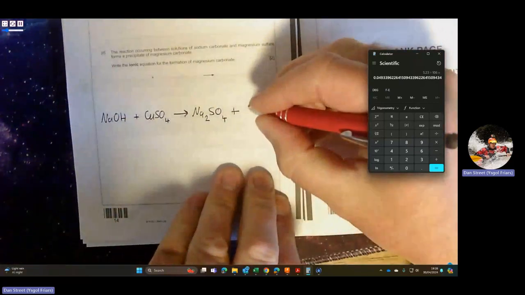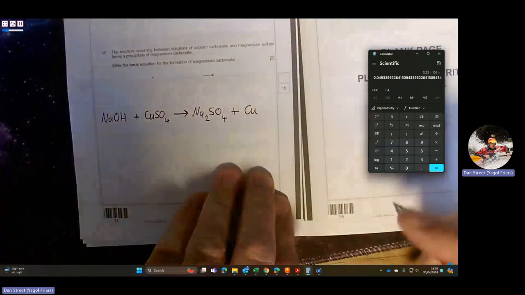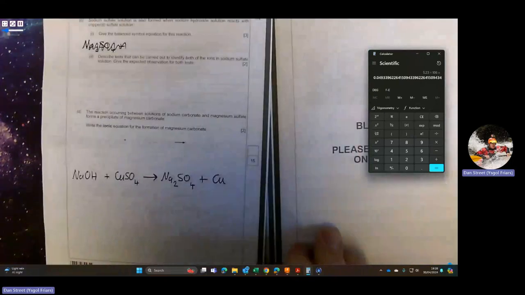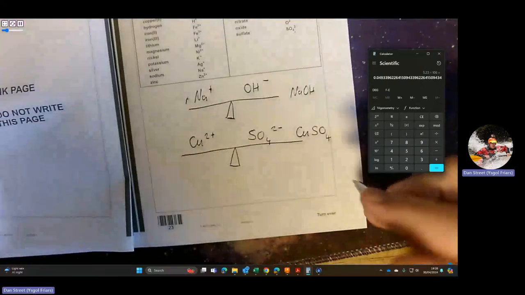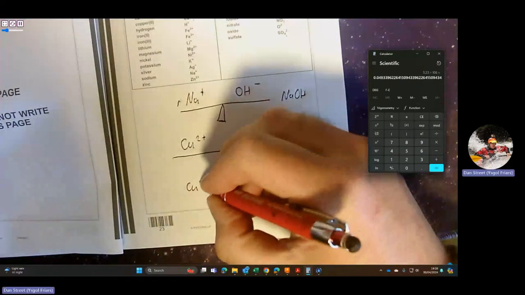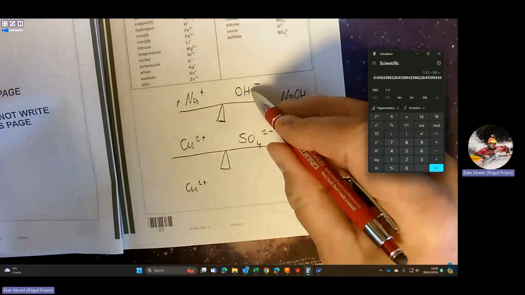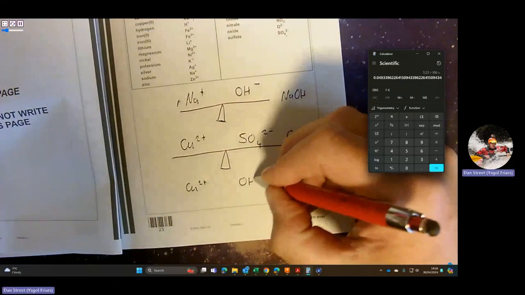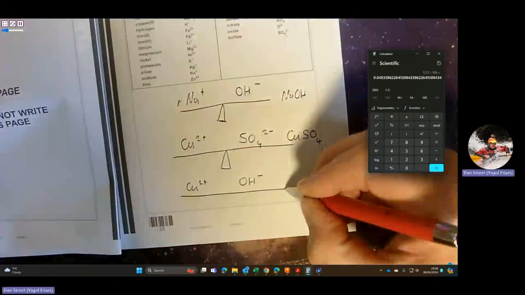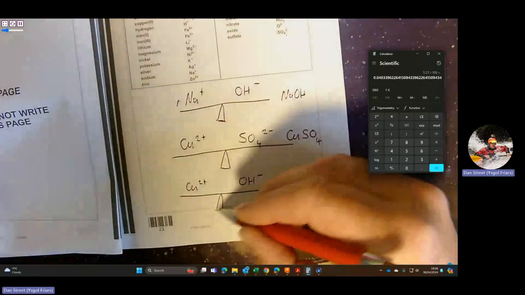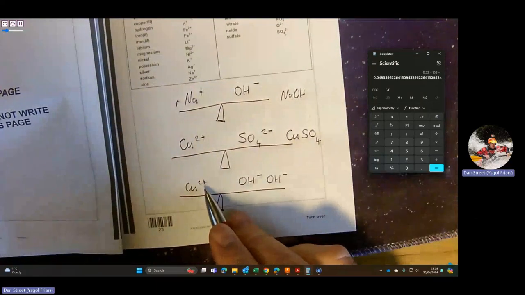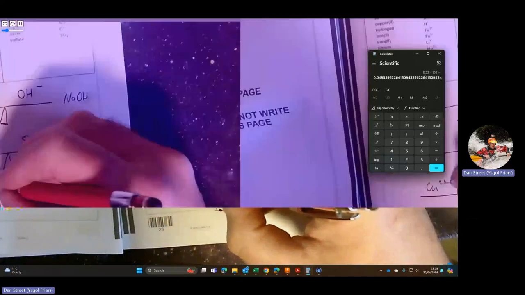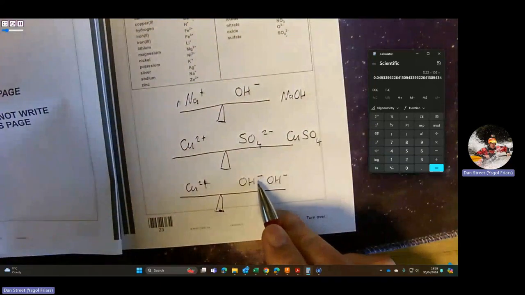But there's a small complication because we need to double check the formula. If we go to the back, to our table of ions, we remind ourselves that copper is Cu2+ and hydroxide is OH-. We'll need another hydroxide ion because the copper is 2 plus and these are minus each.